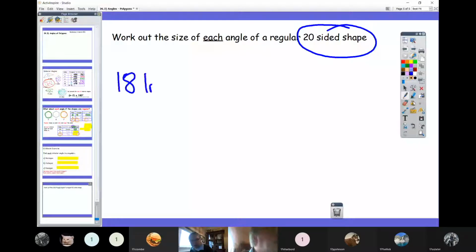I've just taken away 2. 20-sided shape, 18 triangles. So what must the angles inside this 20-sided shape add up to? Well, it's 18 triangles. Each of them has 180 degrees in it. 18 times 180, do your calculator, 18 times 180 is 3240.